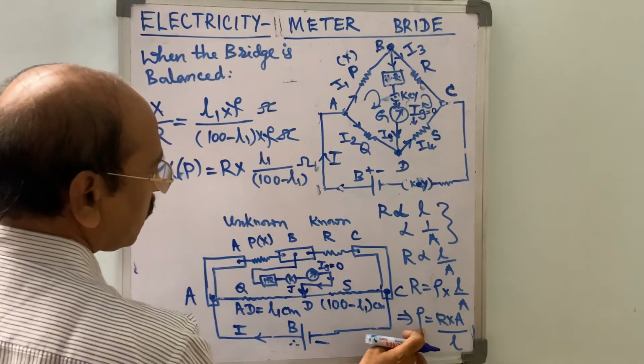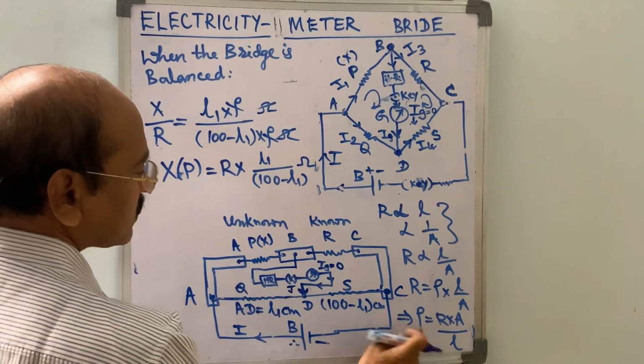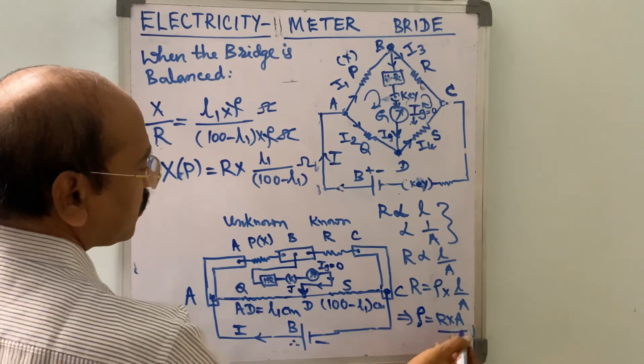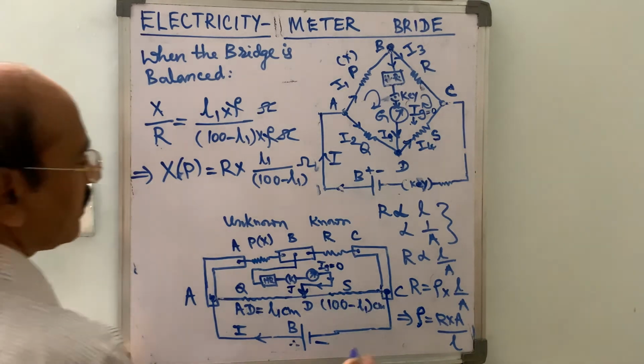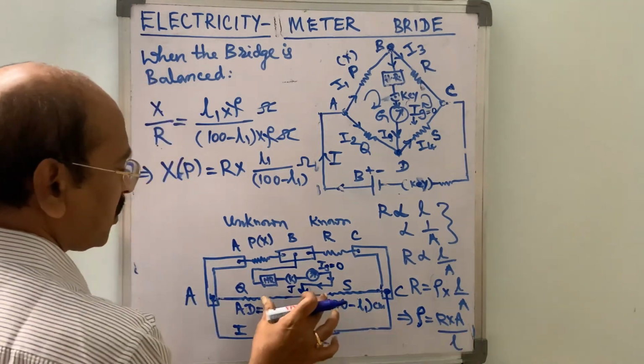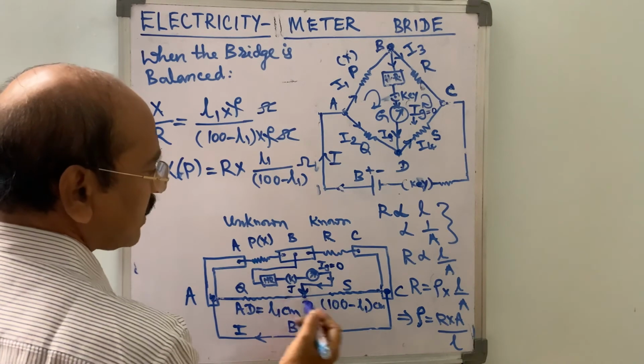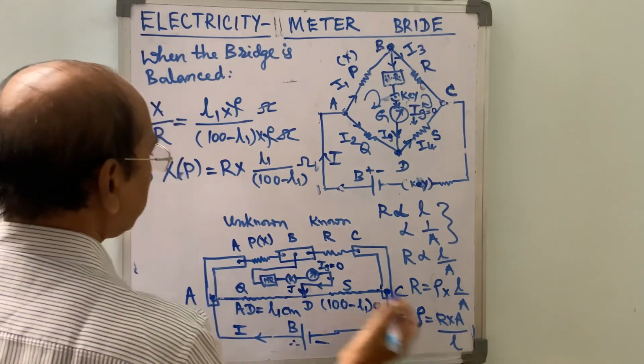So by using this formula for specific resistance, rho is equal to R into A by L. Then, in the case of a wire having uniform cross-sectional area A, if its radius is r, then A is equal to pi r square.